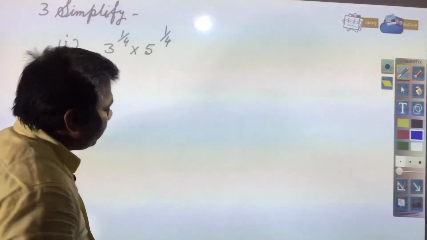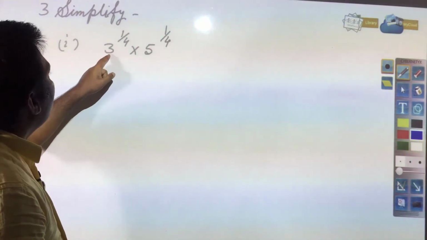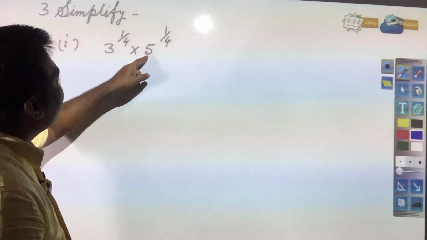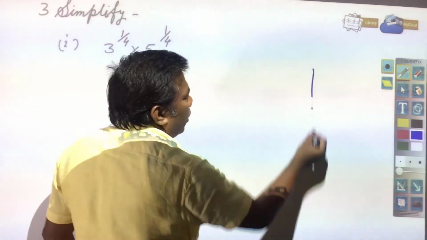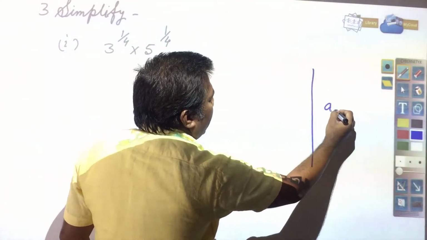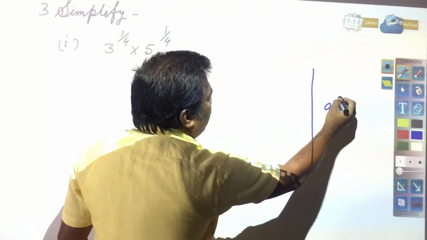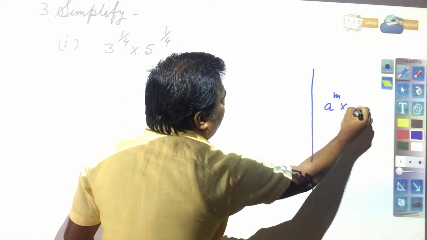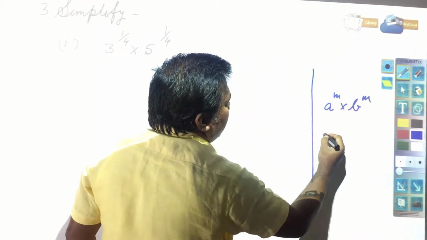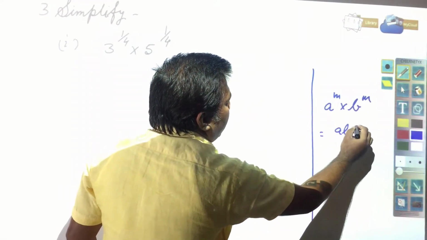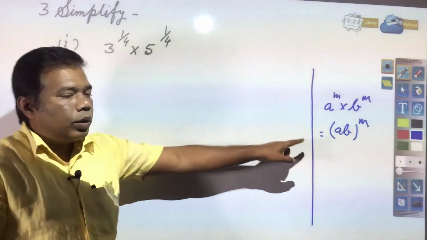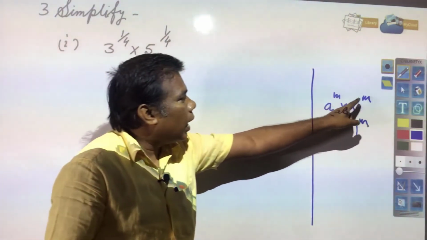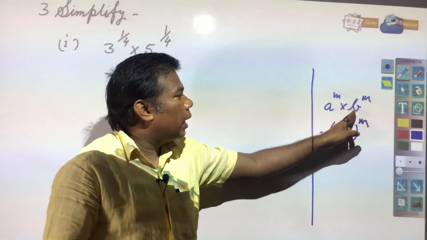Next question, you have 3 to the power 1 by 4 into 5 to the power 1 by 4. Here your formula is a to the power m into b to the power m is equal to a b to the power m, meaning a into b to the power m, because the powers are the same and the bases are different.